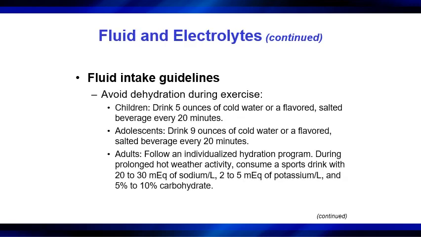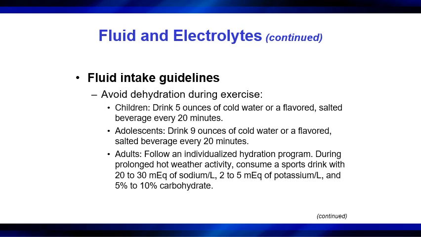And to help prevent dehydration during exercise, for children, about 5 ounces of cold water or a flavored salted beverage every 20 minutes. Adolescents, about 9 ounces, and adults can follow a more individualized hydration program.